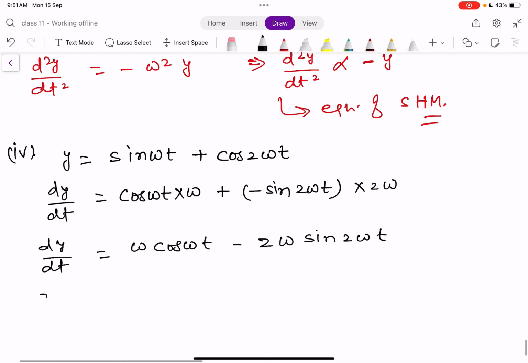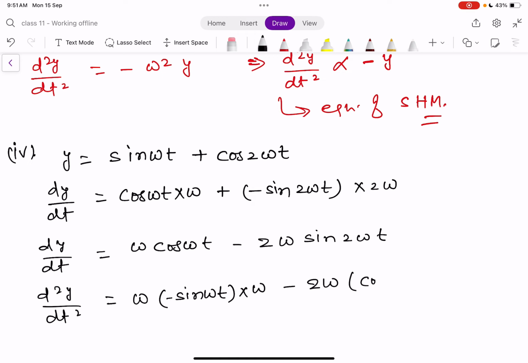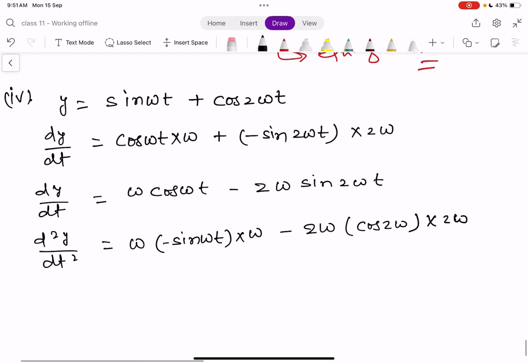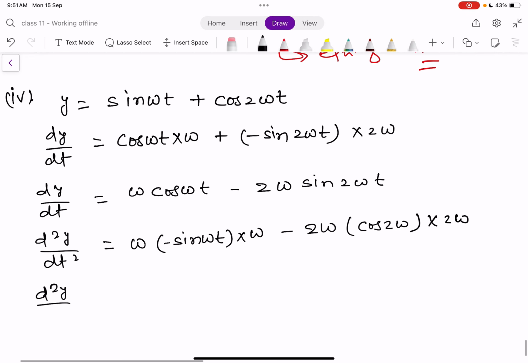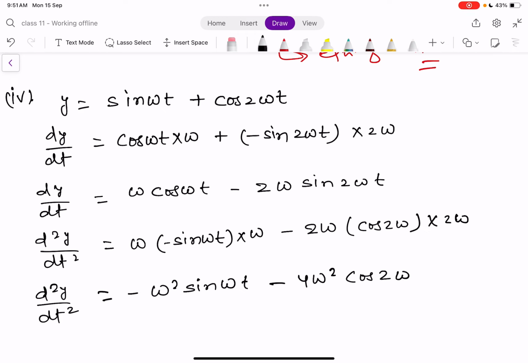Again differentiating with respect to time, d2y/dt2 is equal to omega times minus sin omega t into omega, minus 2 omega times cos 2 omega t into omega. Here d2y/dt2 is equal to minus omega square sin omega t minus 4 omega square cos 2 omega t.